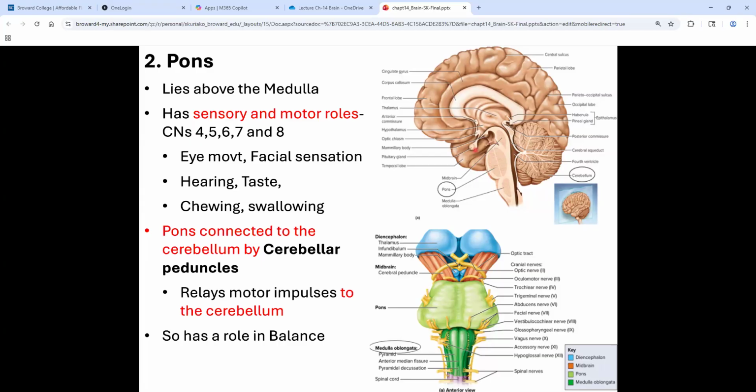So now I've introduced another word called cranial nerves. Why can't I just call it nerves? Because there are spinal nerves. We talked about spinal nerves, right? We said there are nerves coming from the cervical region, from the thoracic region, from the lumbar region, from the sacral region.